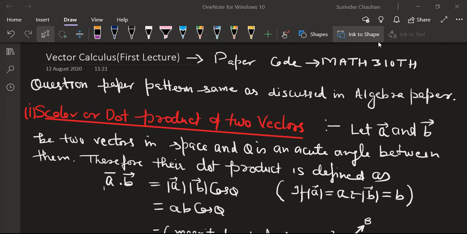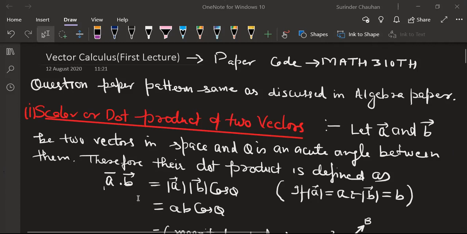So let's discuss the dot product of two vectors. For the discussion of the dot product, let us consider two vectors, vector A and vector B, in space, and let theta be the angle between them.